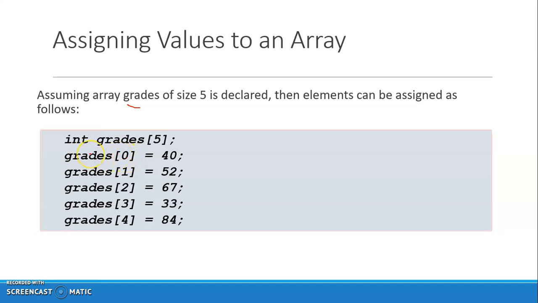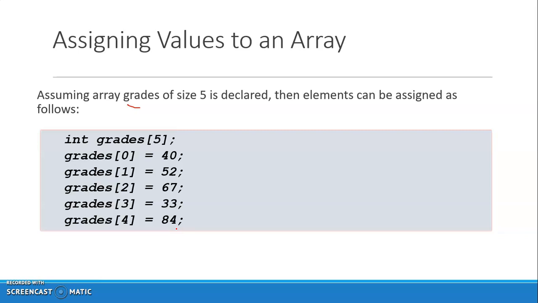We need the name of the array and the position on which we want to assign our value. So the first position 0 is going to be assigned 40, then the second one 52 etc, and the last one will be assigned the element number 5, which is 84.